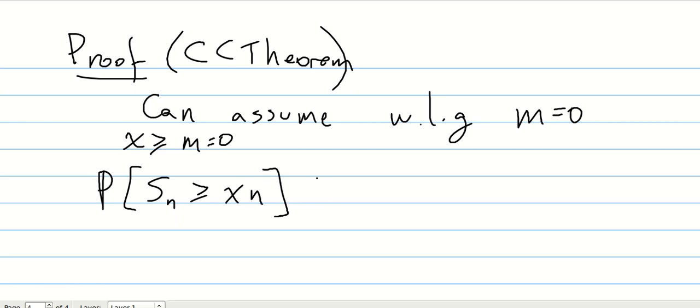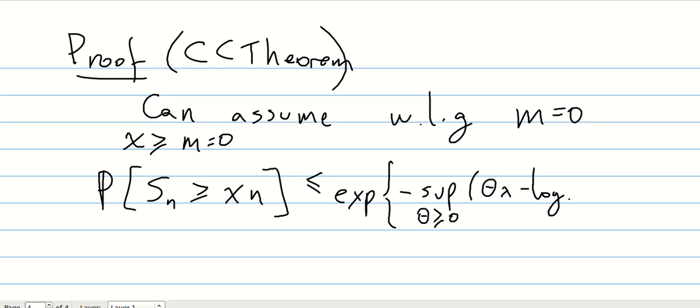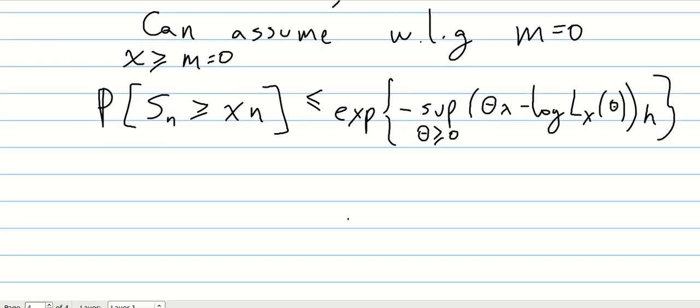This we already saw is smaller or equal to the exponential of minus the supremum, but here we had to do over theta bigger or equal to 0, unhappily. So we don't get the rate function that we need. Minus log of the Laplace transform of x. So this is almost the rate function, not the rate function. Now what we're going to do is to study what happens for theta smaller or equal to 0.